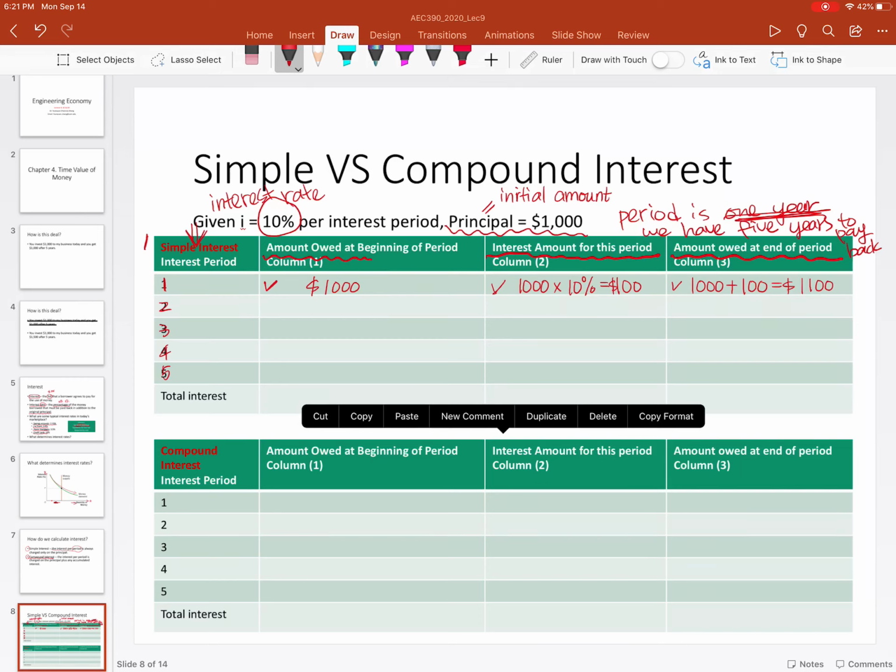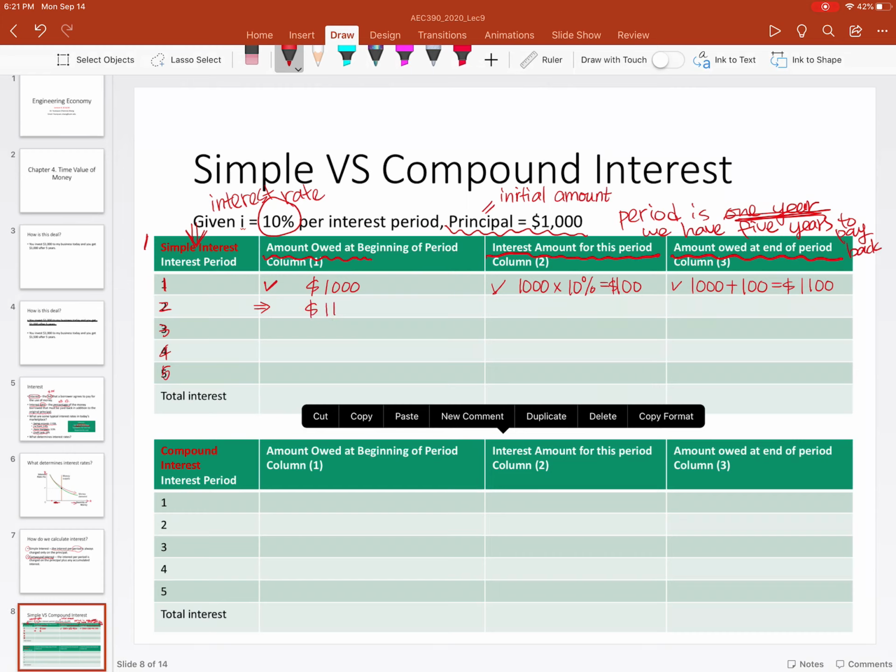Okay? And then after that, you will enter the beginning of the second year. And so at the beginning of the second year, in this cell, how much you owed will be the 1,100, right?